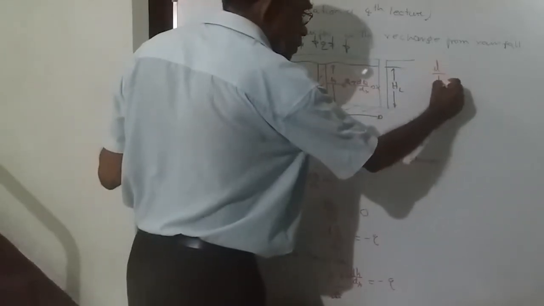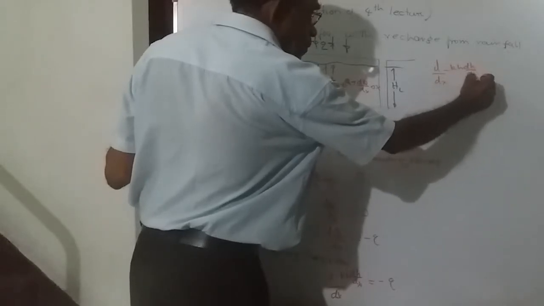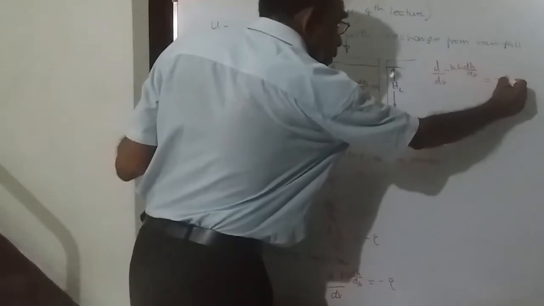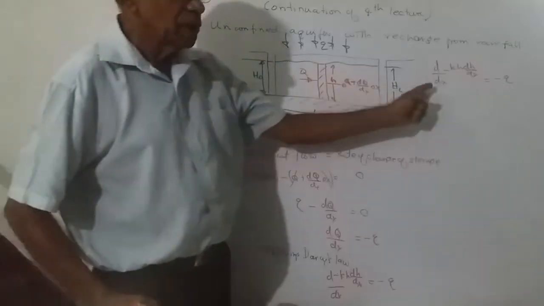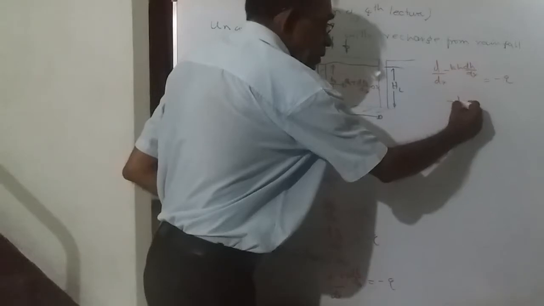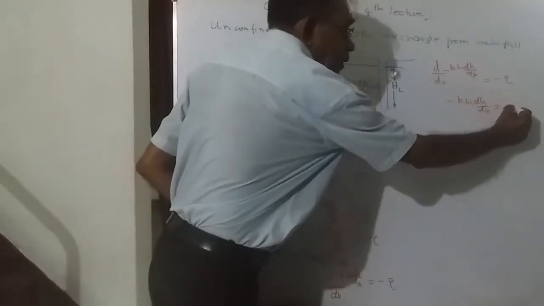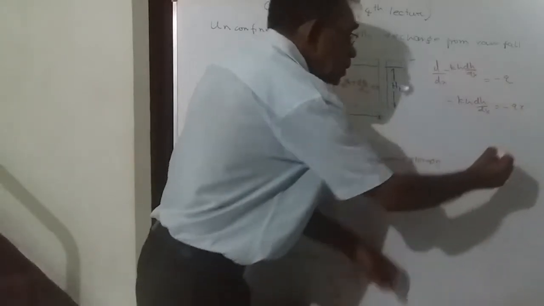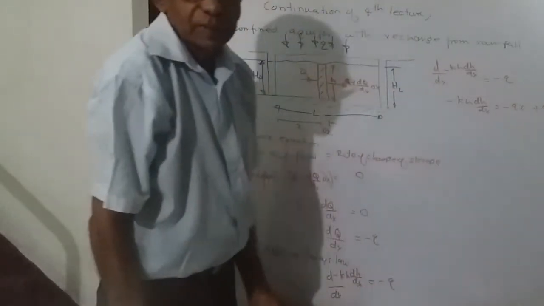Now integrate once. For integrating once, it becomes minus k h dh/dx is equal to minus q x plus c1. One constant comes in there.